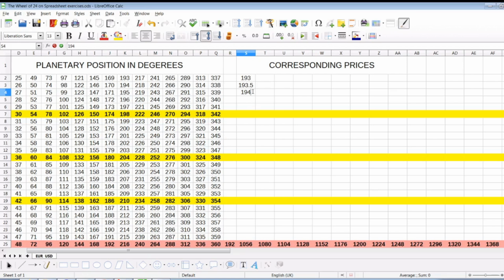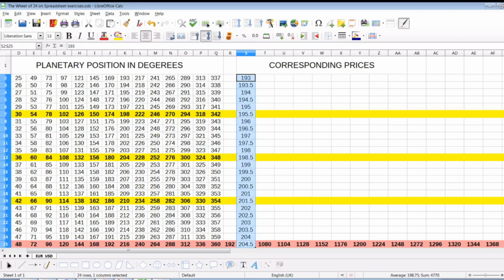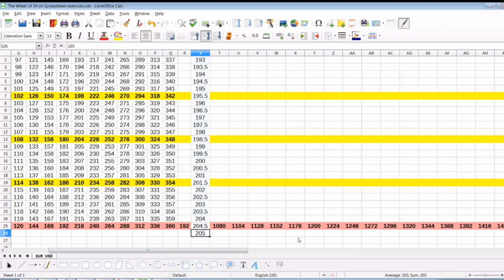So now, a simple operation. Probably we will do it this way, and dragging this line, we'll get the result to the bottom of the table. But just to make it clear, so you get the idea. Okay, this is the number we are interested in, 204.5.